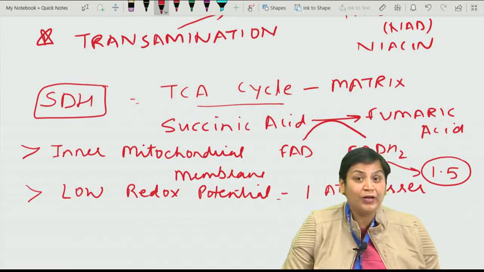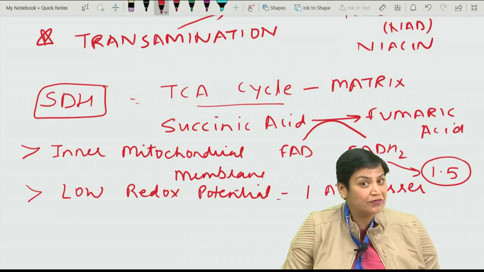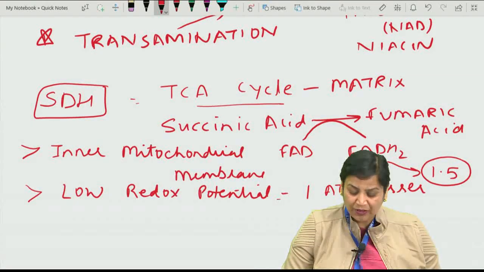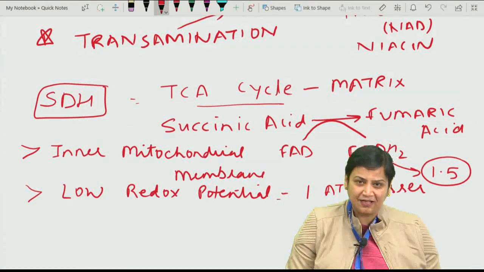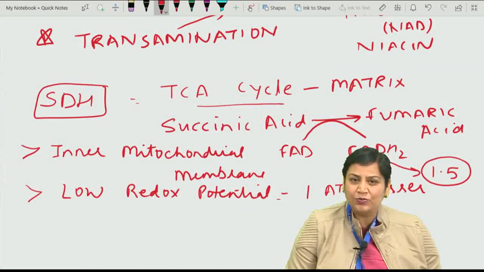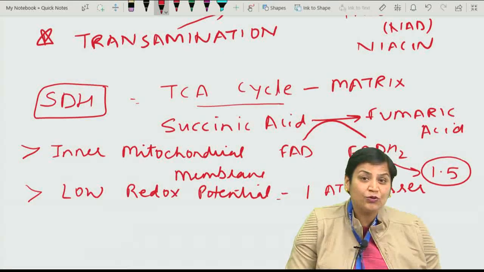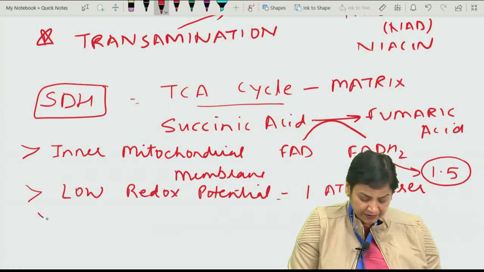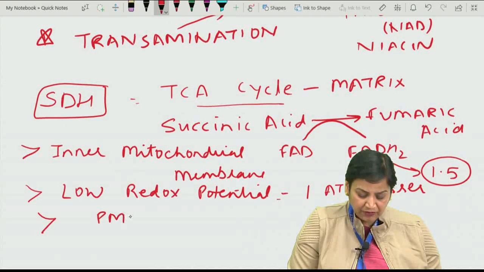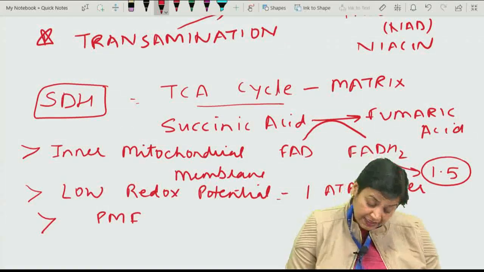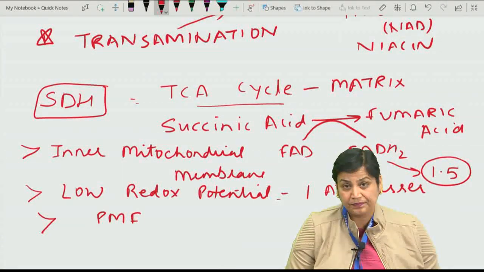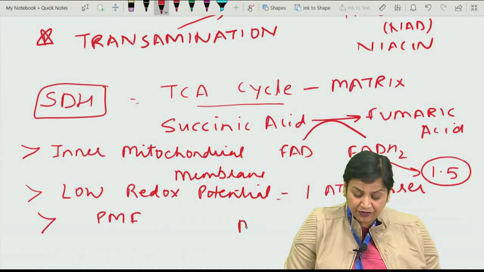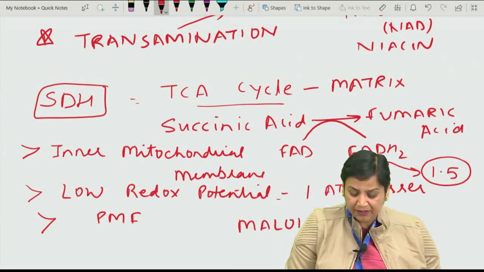In contrast to what NAD gives, NAD gives 2.5 ATP molecules. So it has one molecule of ATP lesser. Why? Because of low redox potential, it cannot contribute to PMF, or you can say proton motive force. This is again a very, very important question. An inhibitor of this is malonate.